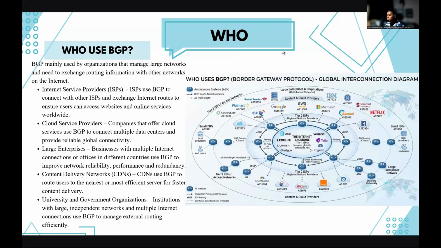Also, large enterprises and CDNs, content delivery networks, use BGP to route users to the nearest or most efficient server for the fastest content delivery. And last, universities and government organizations, which are large institutions, use independent networks and multiple internet connections, and use BGP to manage external routing efficiently.